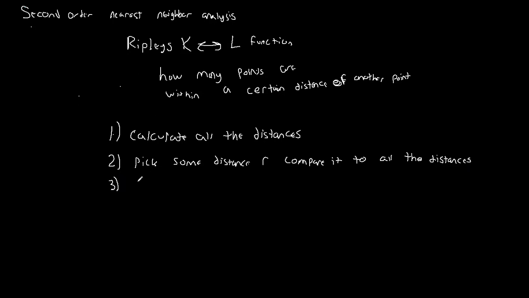Three, divide by the area, or divide by the number of points. Now this is where it gets a little tricky, and this is where the interpretation becomes a little bit cumbersome. We divided by the number of points, so now we have the proportion of the number of points within the distance relative to the total number of points, and then we're going to multiply by the density.